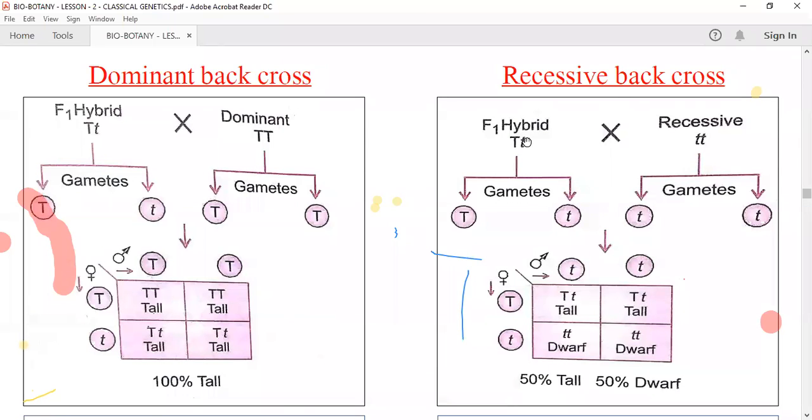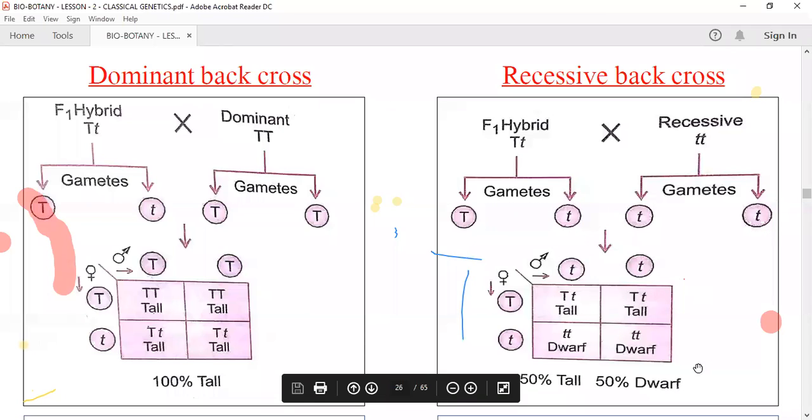In the recessive back cross, the F1 hybrid capital T small t is crossed with the recessive parent, that is small t. So the gametes are capital T, small t, and here small t. If we keep it in the Punnett square, one is considered female and this is considered male. So capital T small t and then small t small t.